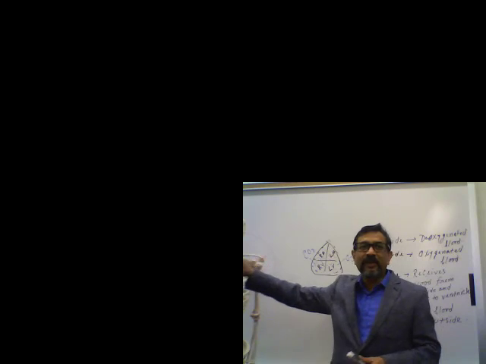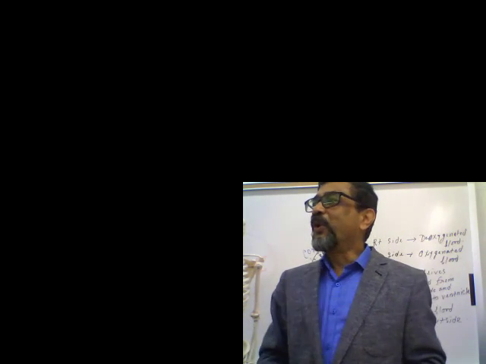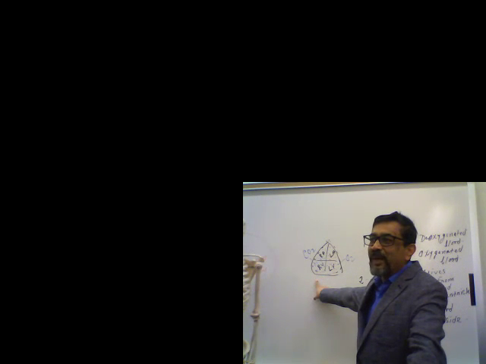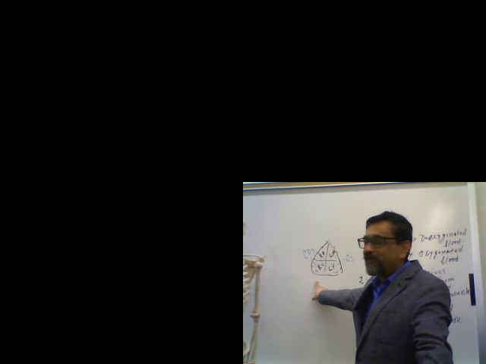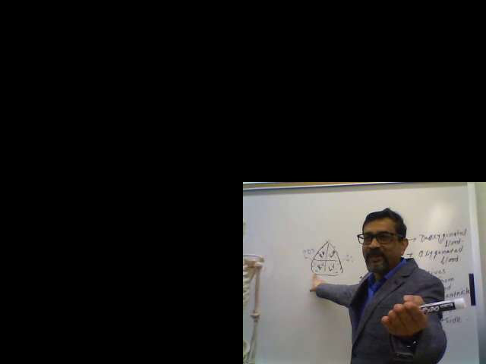Ventricle. So deoxygenated blood goes out from the right ventricle to the lungs. Only the ventricle pumps the blood to the outside; atria receive. Is it clear? Okay.